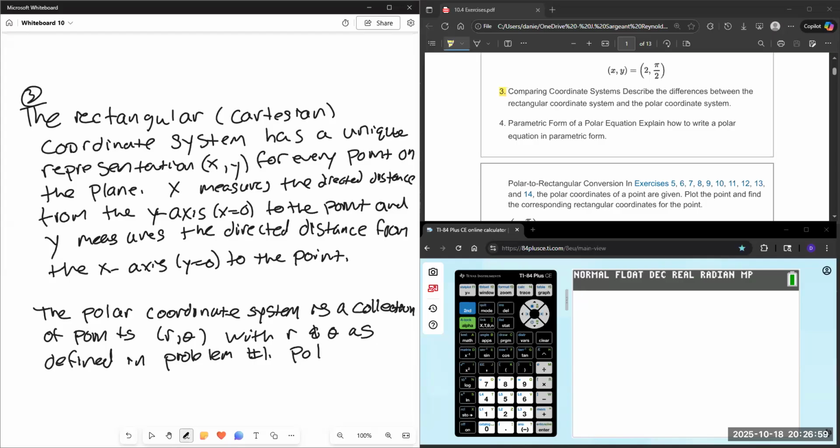Polar representations of points are not unique.